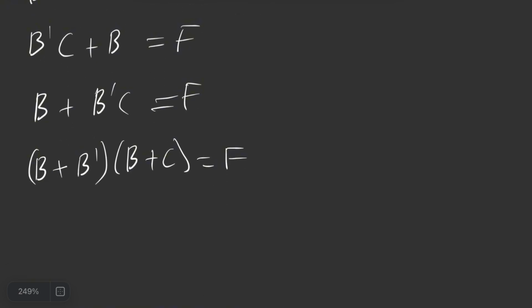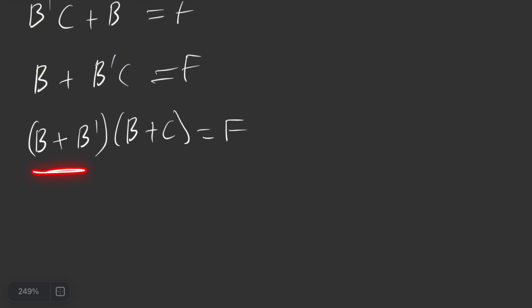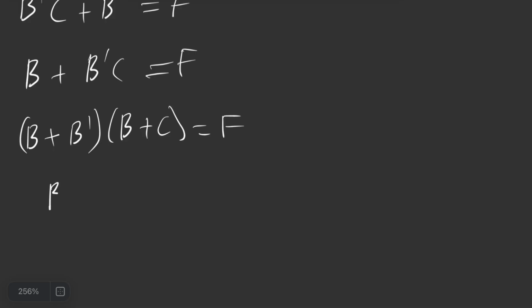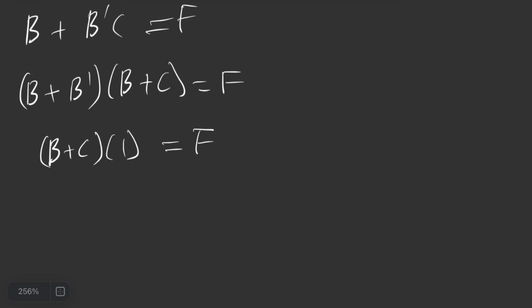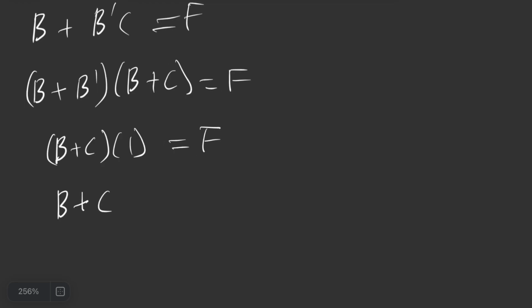Now, remember that b plus b prime is going to be 1, so it's going to be b plus c times 1 equals f. And then remember, x and 1 is x, so therefore it'll be b plus c as our final answer.